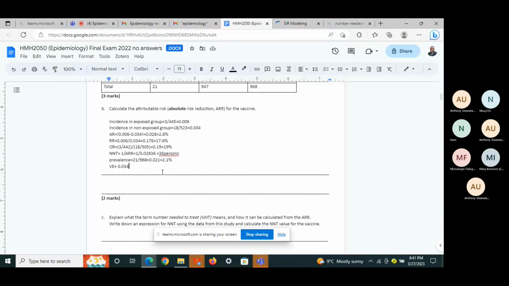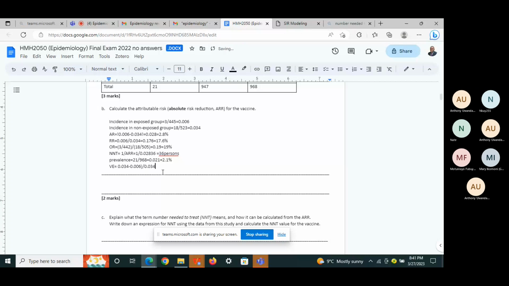So to calculate our vaccine efficacy, it will be 0.034 minus 0.006, divided by the unexposed, 0.034.